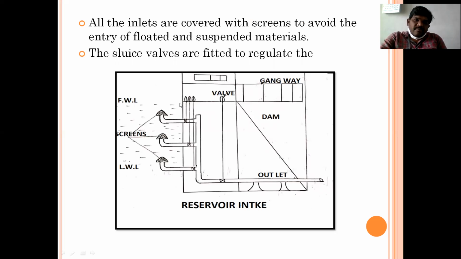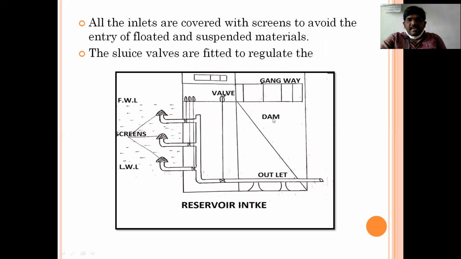And for all these three flows, one more valve is kept here. See here, and this is the gangway. Gangway for what? Gangway in the sense of the place through which a person may go through this structure and do some repair work whenever needed.